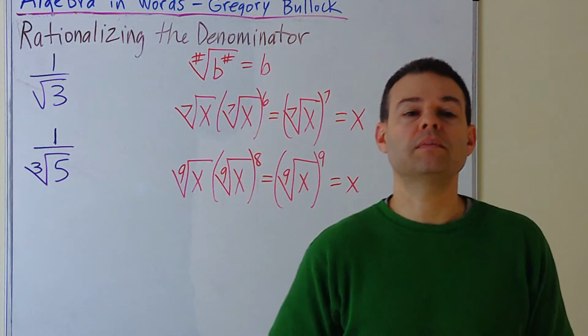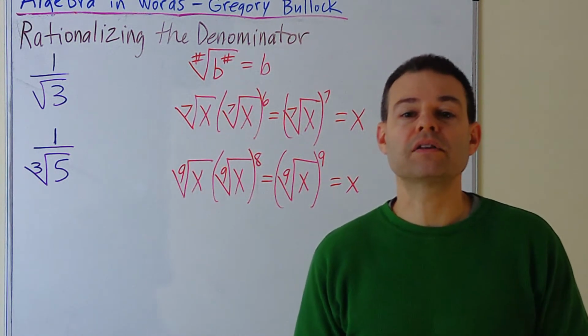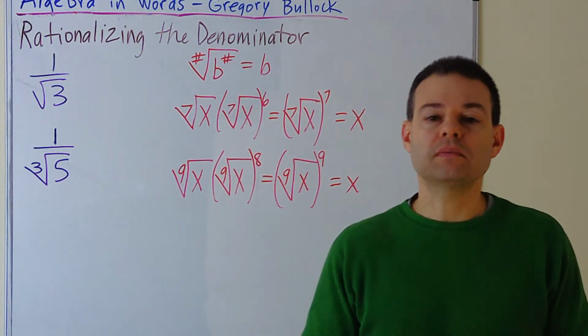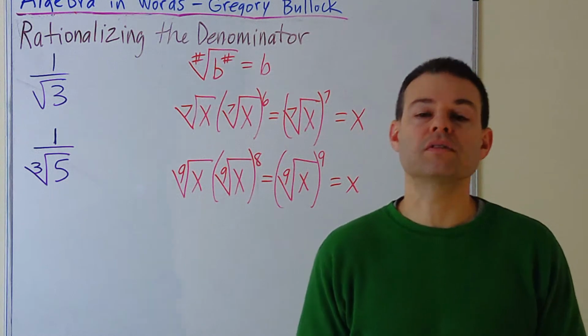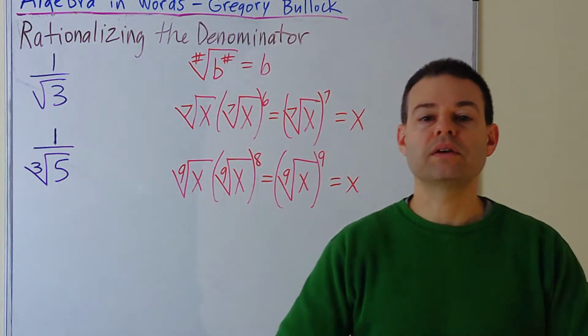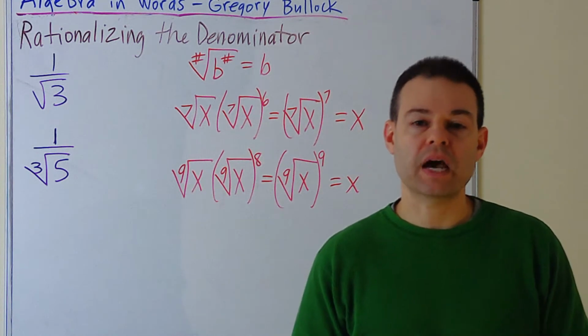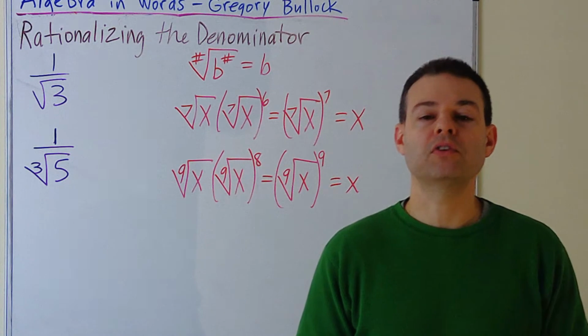Now, just to categorize, there's two different types of fractions with radicals that you'll be dealing with. One is when there is only one radical in the denominator, or what we call a monomial. That would be like the types that I have on the board.